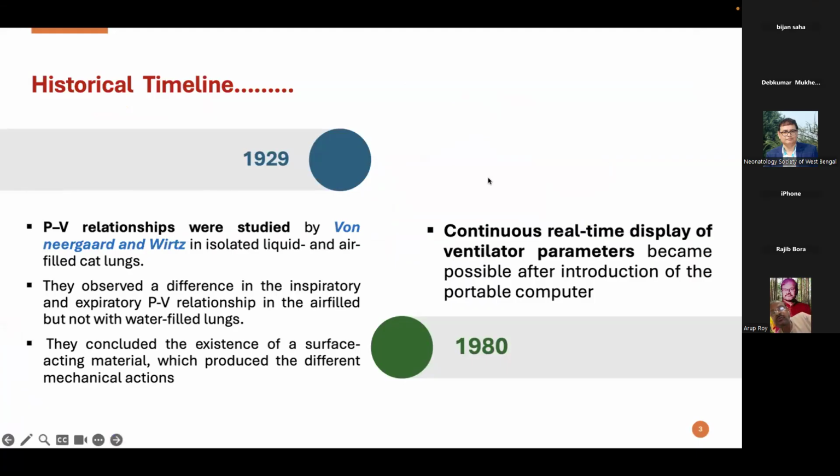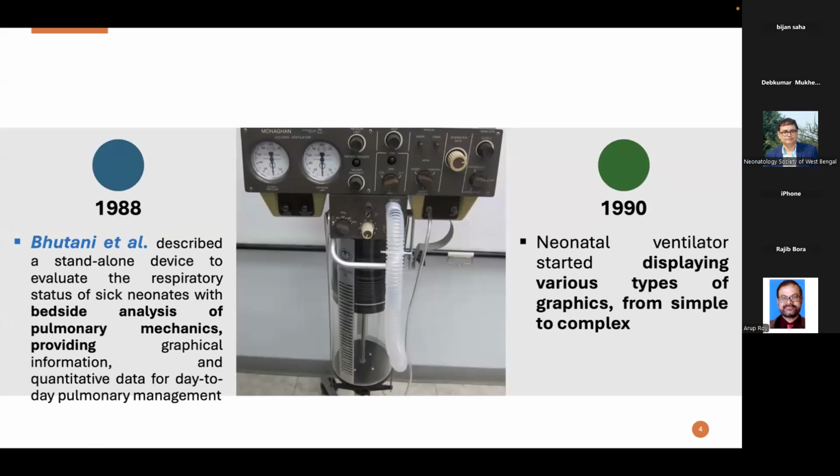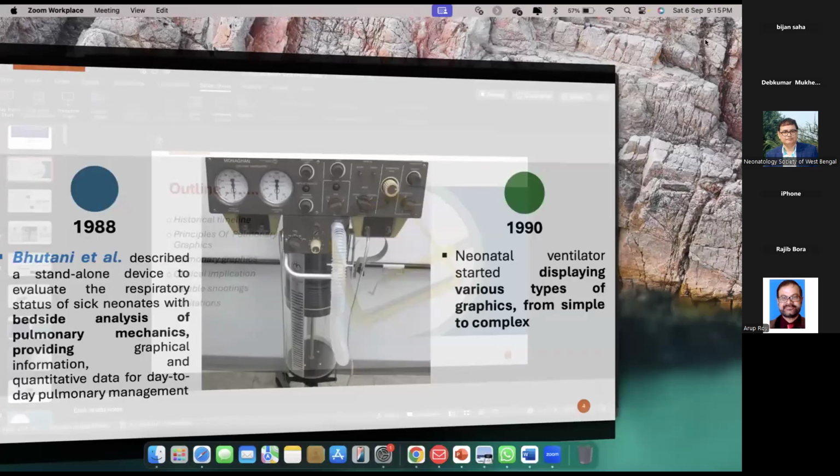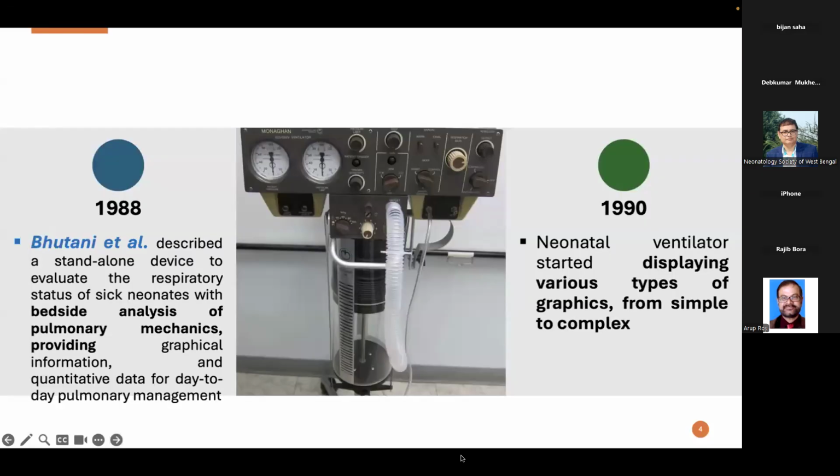Then this effort continued, but it was only in the 1990s that neonatal ventilators first started to display those graphics on a scale, on a breath-to-breath basis. So it was mostly after the 1990s that we are able to find those graphics on the neonatal ventilator screen.